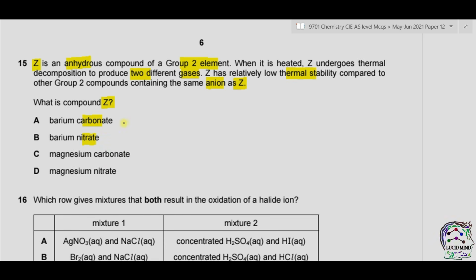We can write the decomposition equation for carbonates. This is a metal of group 2, metal carbonate decomposes to give metal oxide, which is in solid form, and also CO2, which is in gaseous form. So only one gas is obtained when carbonate is decomposed, but in the question it says it decomposes to give two different gases. So therefore this is not carbonate.